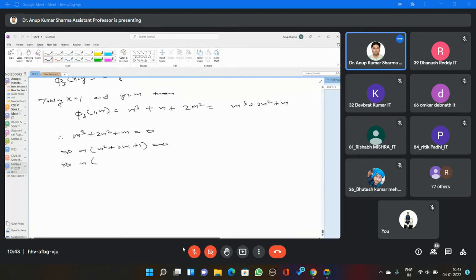This m square plus 2m plus 1 looks like a plus b whole square. So m plus 1 whole square is equal to 0. So we will have m is equal to 0, and m is equal to minus 1 two times. So this is the repeated case, a repeated root.